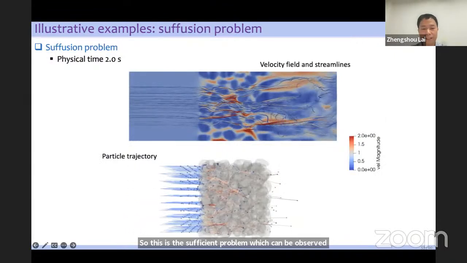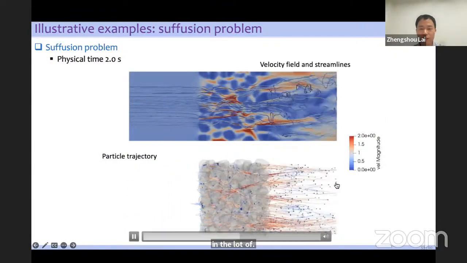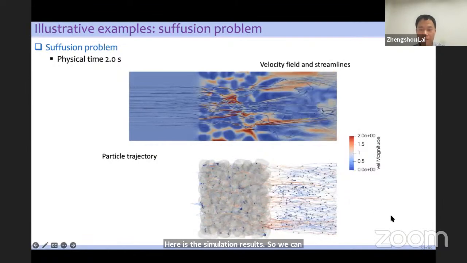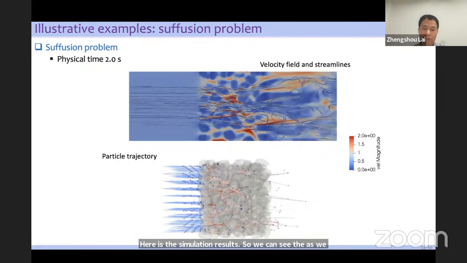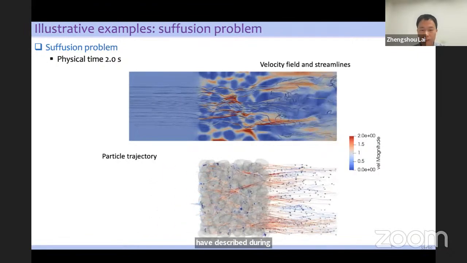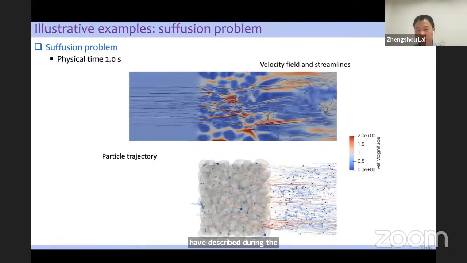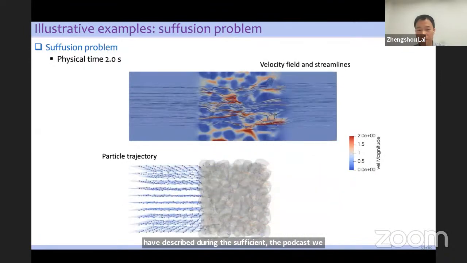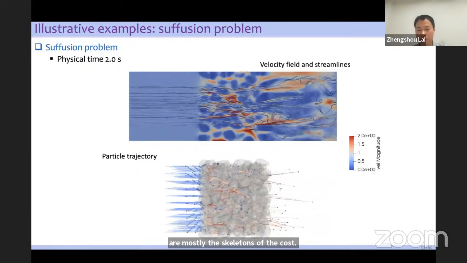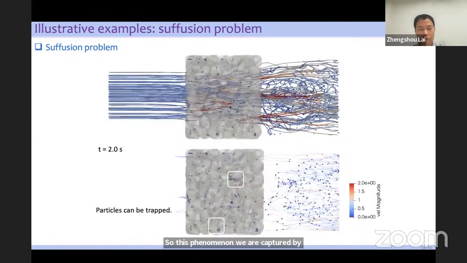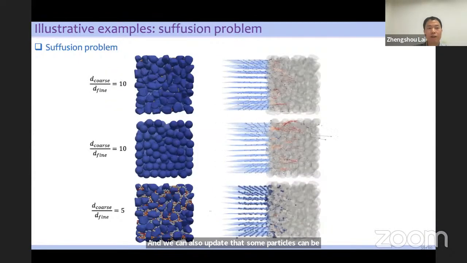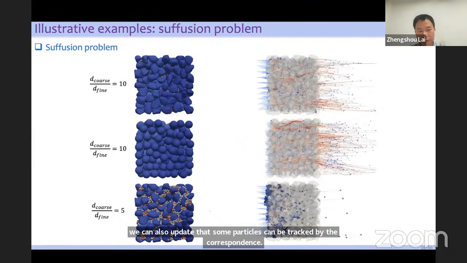Here are the simulation results. As we have described, during suffusion the particles will move through the skeleton of the coarse grains. These phenomena were captured by the simulation. We can also observe that some particles can be trapped by the coarse grains. Here we consider 3 different cases.